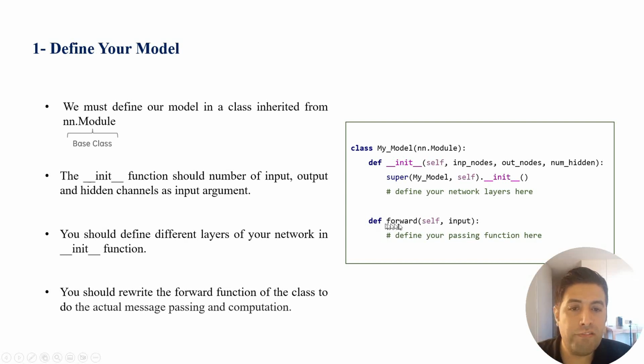And then you will rewrite the forward function. The forward function takes any input, makes some computations over the input, and then returns an output. This is called whenever you call an object constructed from a class.